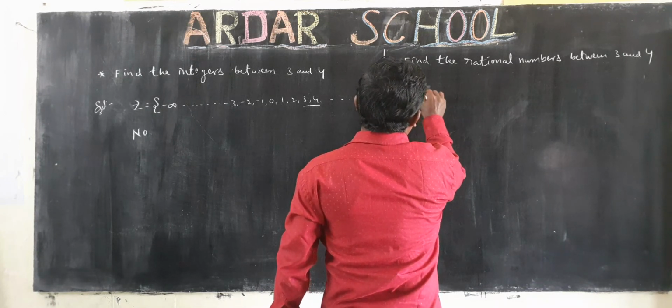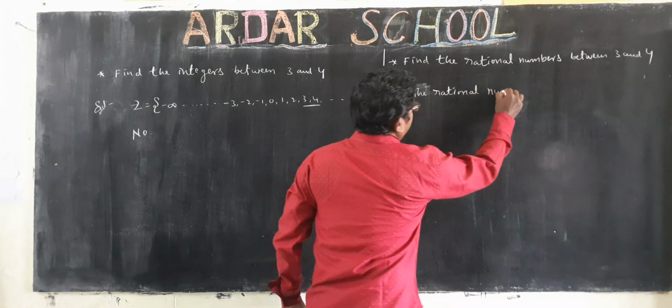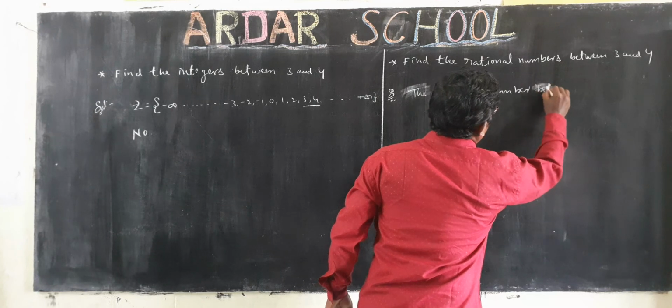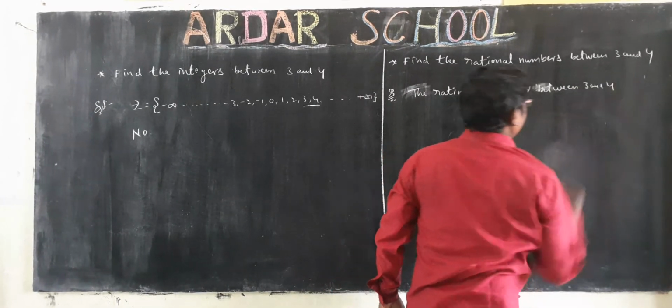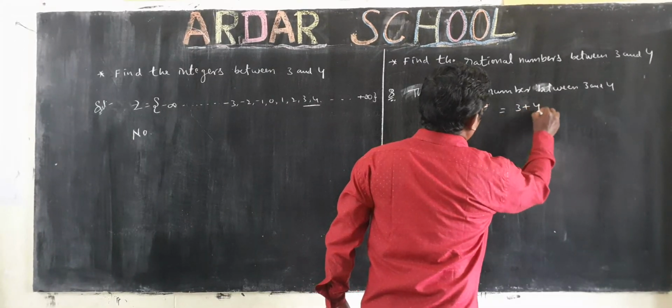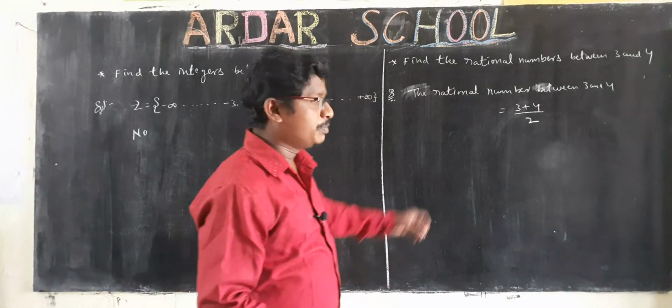The rational number between 3 and 4 is equal to (3 plus 4) by 2. This is the mean method.